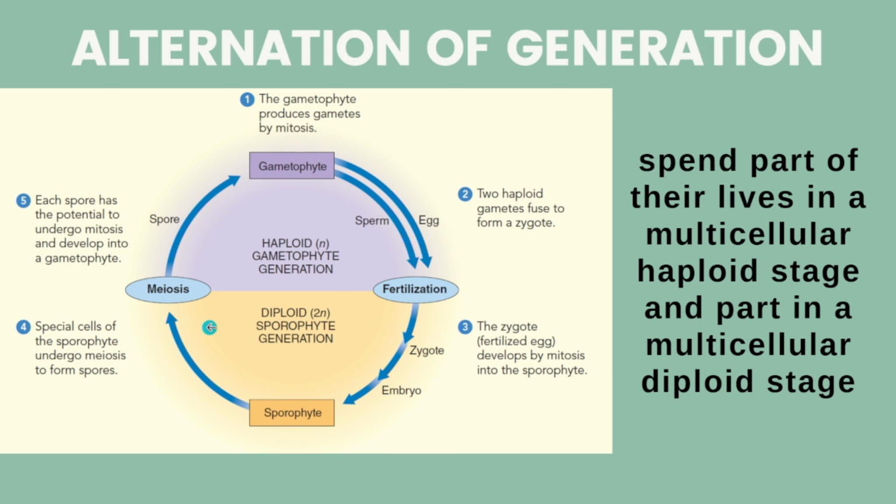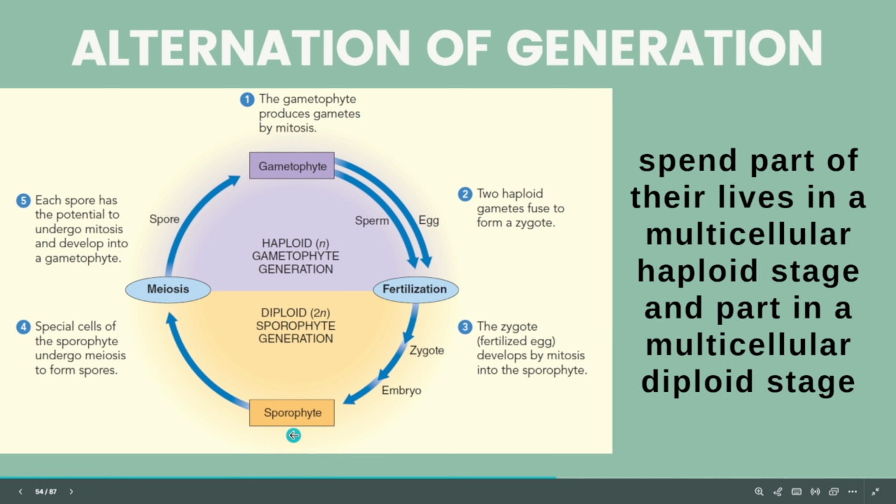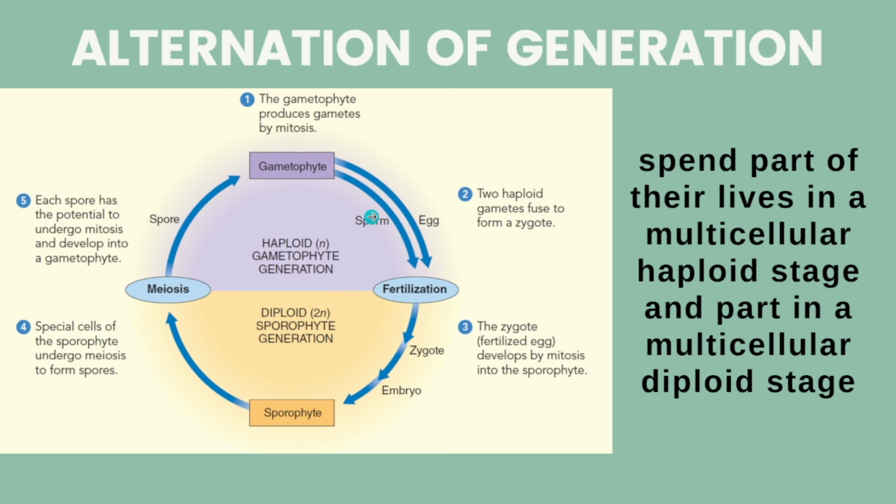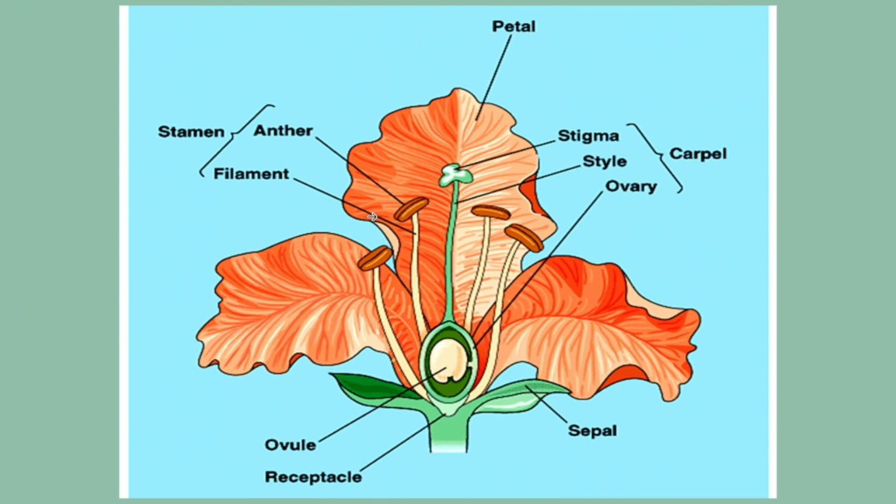The diploid stage is the adult stage, which we call the sporophyte, and the other stage is the gametophyte. We know that in plants, the male and female sexual organs contain spores. For male, the spore is called the microspore.